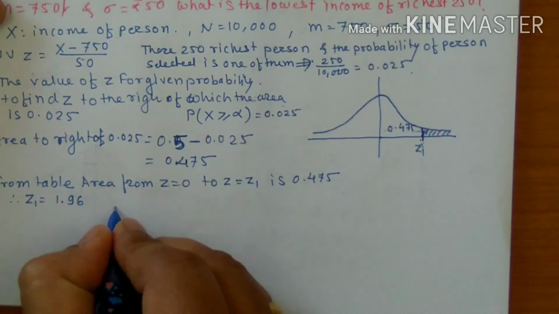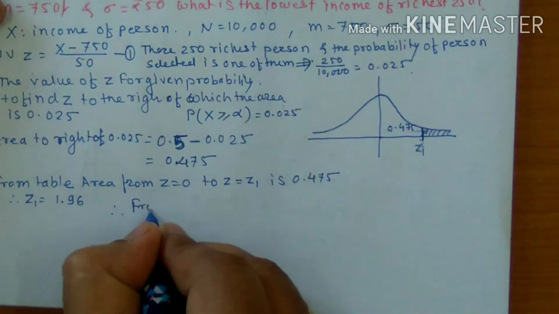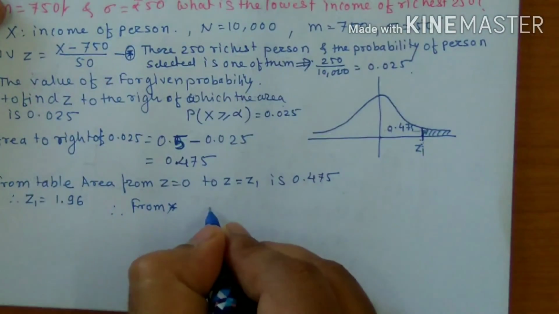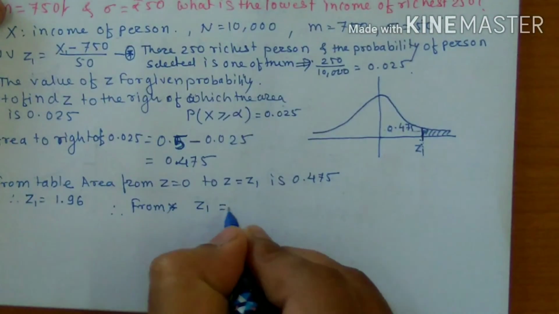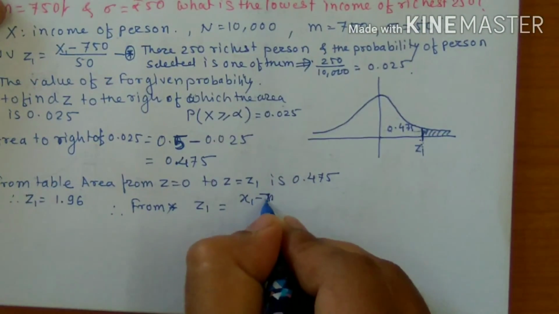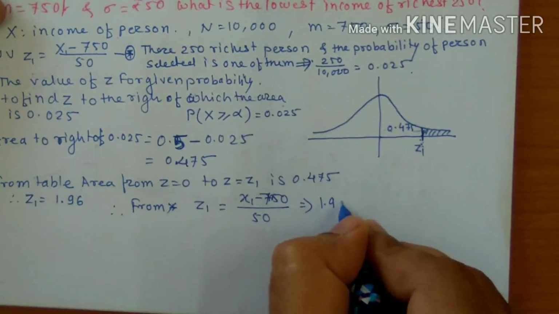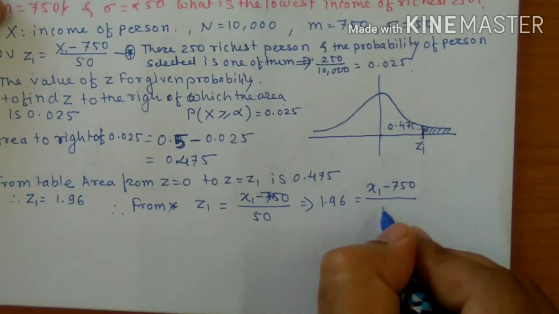Okay, therefore I call this as number 1. From what I have already done, I call it from star: z1 is equal to x1 minus 750 upon 50. So this implies 1.96 is equal to x1 minus 750 divided by 50.